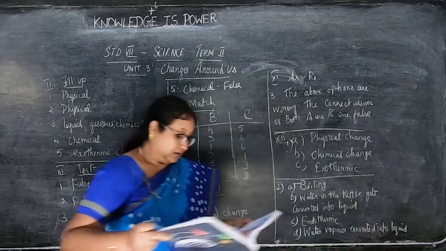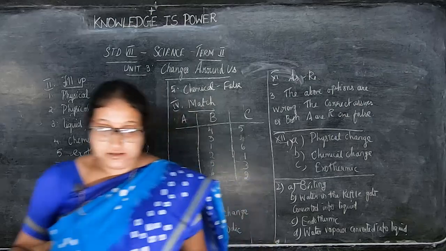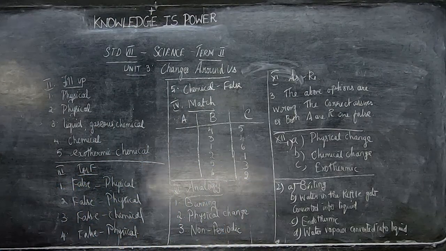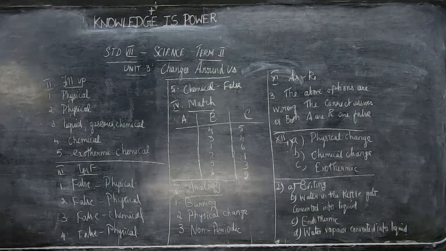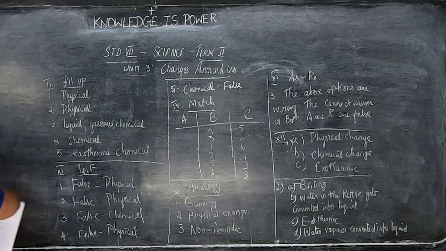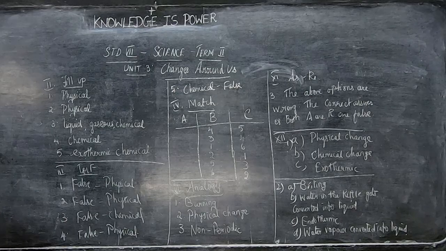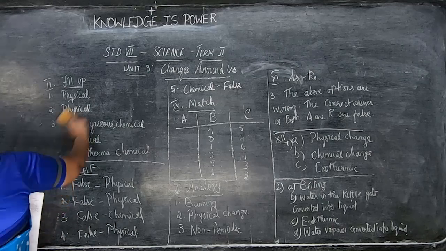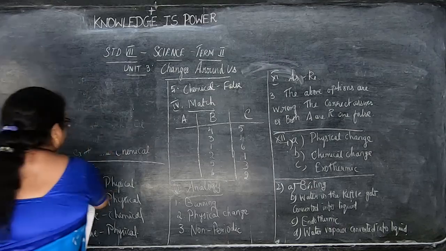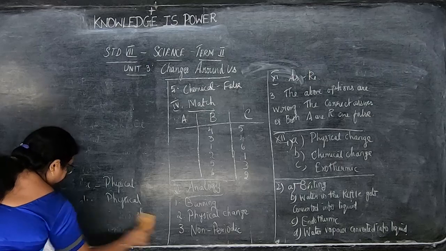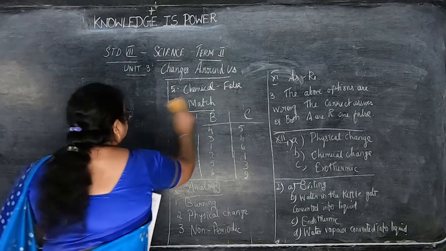Now, we are going to see Roman numbers 7, 8 and 9. The questions are in the book itself, children. Take them in your book as well as in your class work.